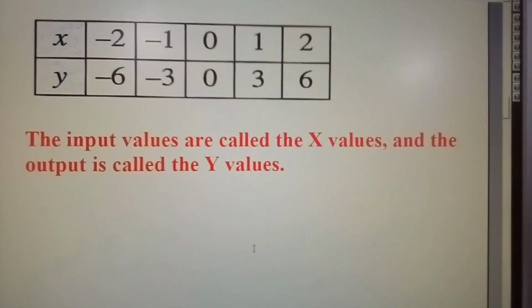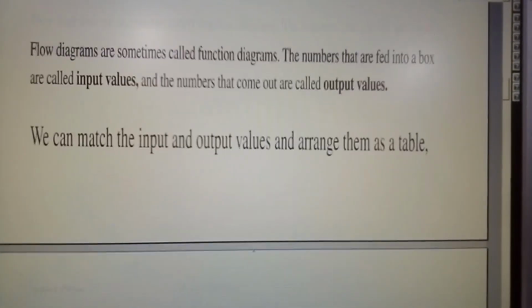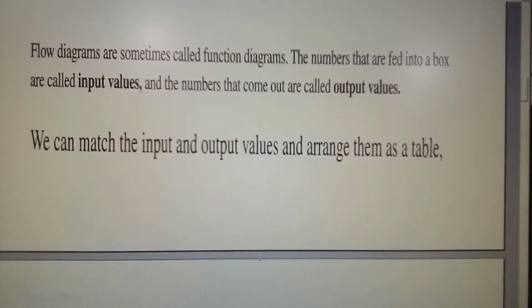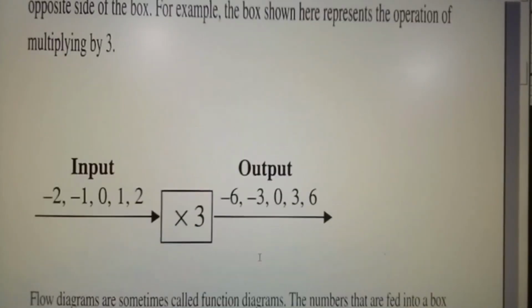I'm hoping that the quality has been good on this, so that it can be seen clearly. That's the idea, hopefully.